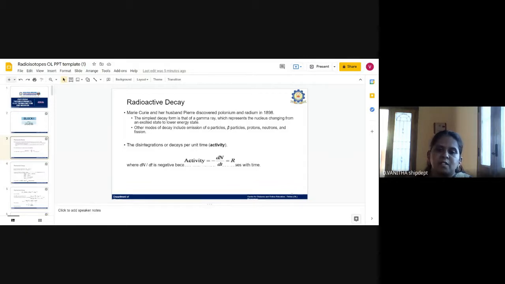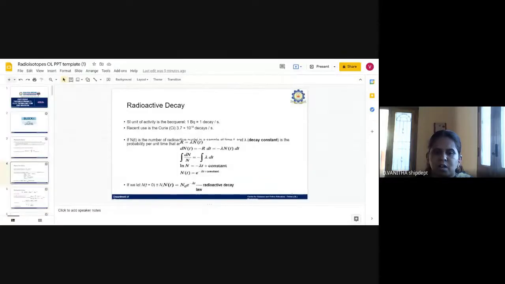The radioactivity can be written as minus dN by dt is equal to R. Here R is called the radioactive decay rate, and N of t is the number of radioactive nuclei in the sample.